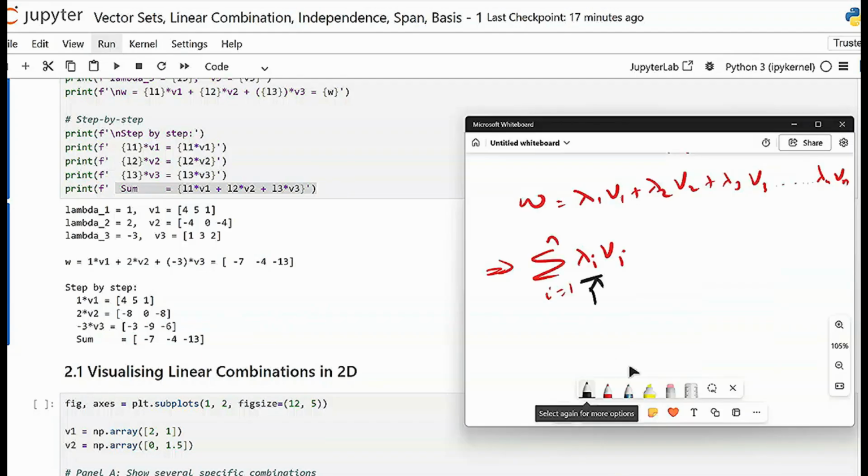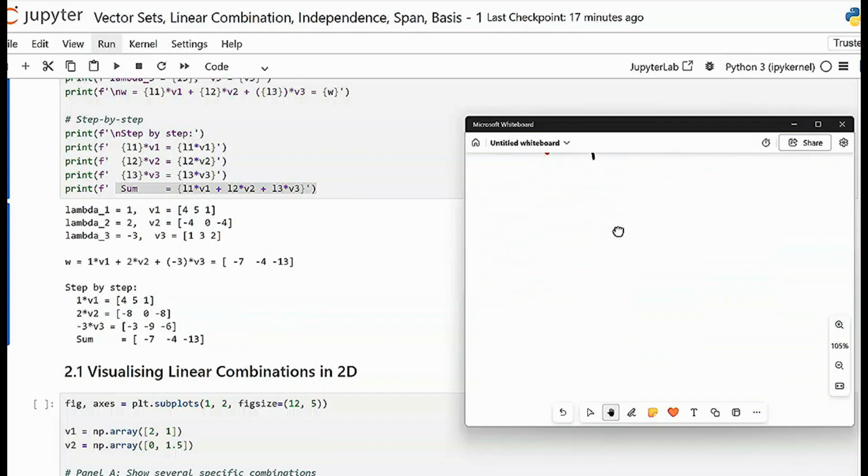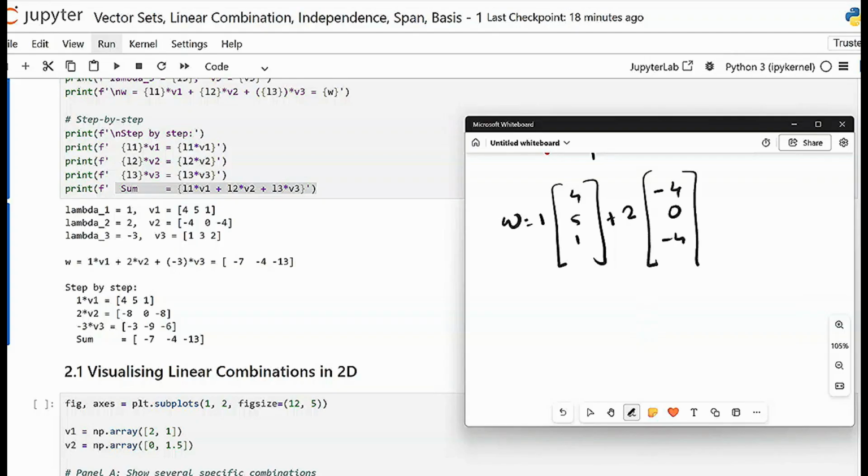Let me see how this happens mathematically, because I want to visualize it. Observe w, which is equal to lambda 1 times vector 1, which is 4, 5 and 1, plus lambda 2 times vector 2, which is minus 4, 0, minus 4, plus the third scalar multiplied by the third vector, which is 1, 3 and 2.